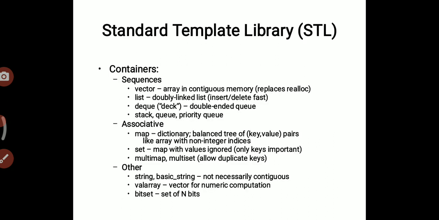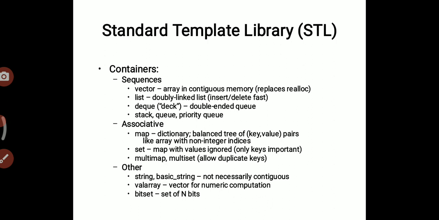Next, the Standard Template Library containers. Sequence: vector, an array in contiguous memory; list, a doubly linked list with fast insert and delete; deque, the double-ended queue; stack; queue; priority queue.